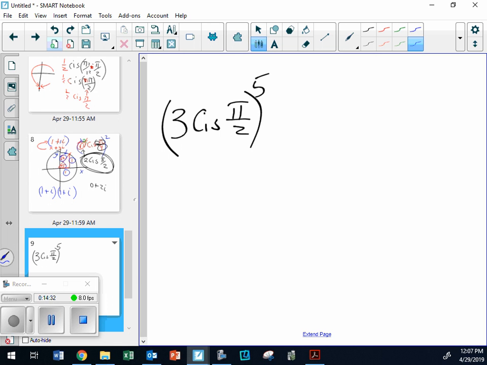Then I could say that's the same as 3 to the 5th, because it's all about the move of the exponent. That one can come on here and be 3 to the 5th, and that one becomes 5 on the top. Remember, a 5 is really a 5/1, right?